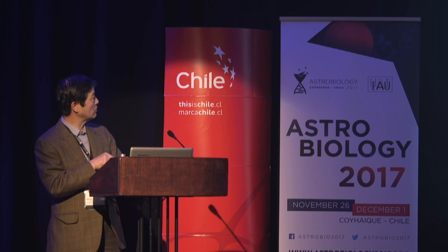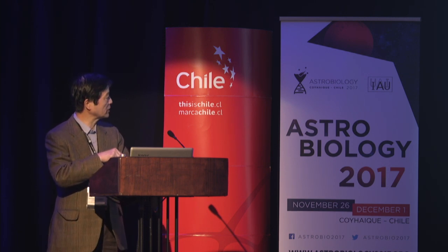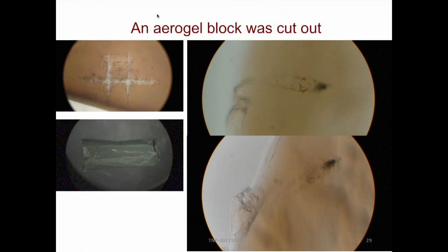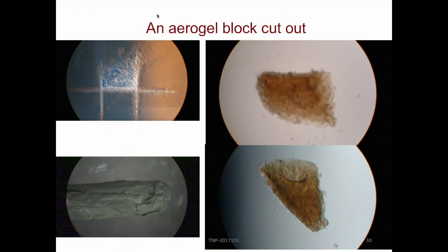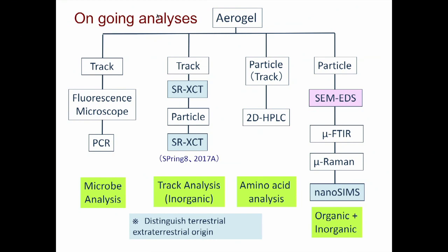And then we are now on the analysis of the microbiological analysis and the track analysis to check the structure using the synchrotron radiation we have learned in the morning session. Or the particle is going to be analyzed as SEM-EDS and micro-FTIR, and I'm going to show 2 examples of this line of the analysis.